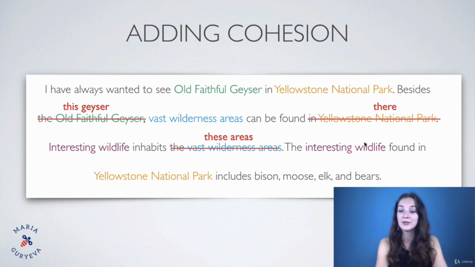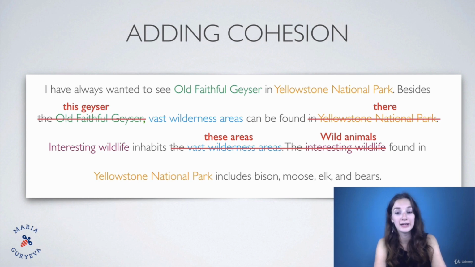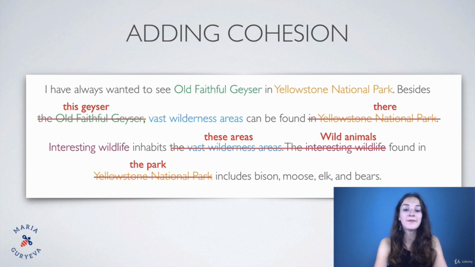Now, we already have interesting wildlife here, so we need to replace it here by wild animals. Wild animals found in Yellowstone National Park includes bison, moose, elk, and bears. Now here, the Yellowstone National Park is repeated again, and we want to replace it with the park. Wild animals found in the park, because we already know what park we're talking about, includes bison, moose, elk, and bears. So now this text is coherent.